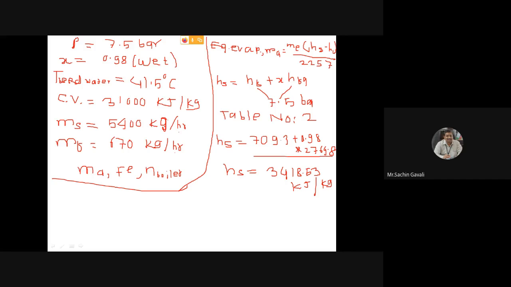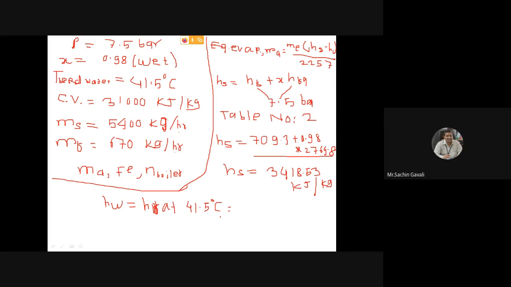Okay, then HW. What is the value of HW? 173.7. It is always equal to HF at feed water temperature. What is the feed water temperature? 41.5 degrees Celsius. So HW is equal to HF at 41.5 degrees Celsius, and for this again we go to table number 2.